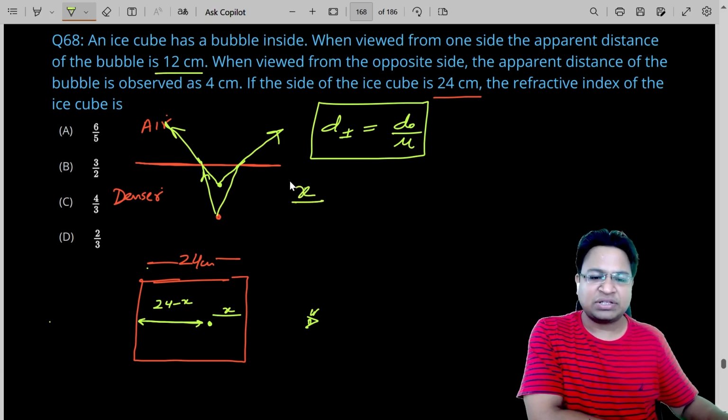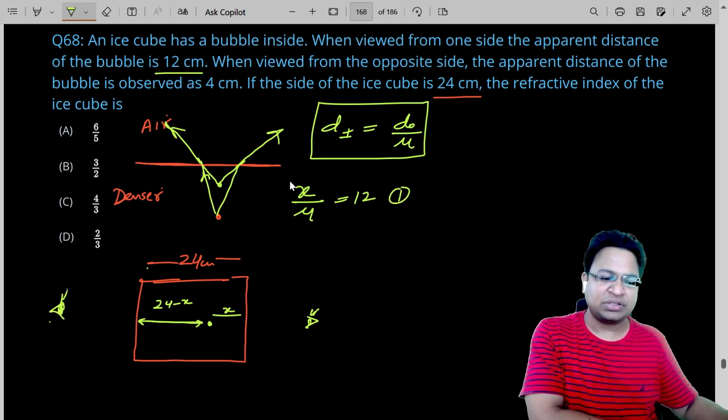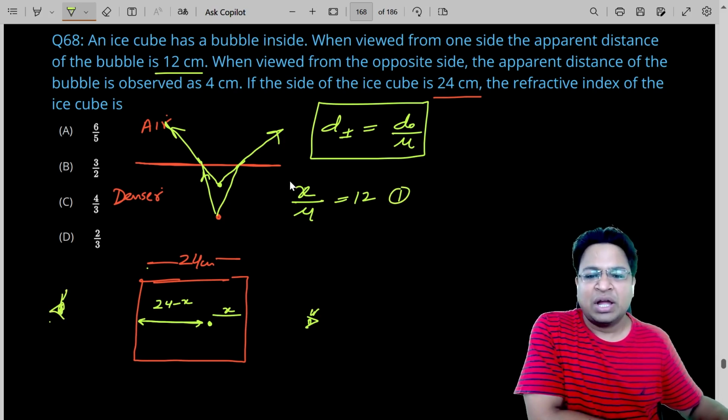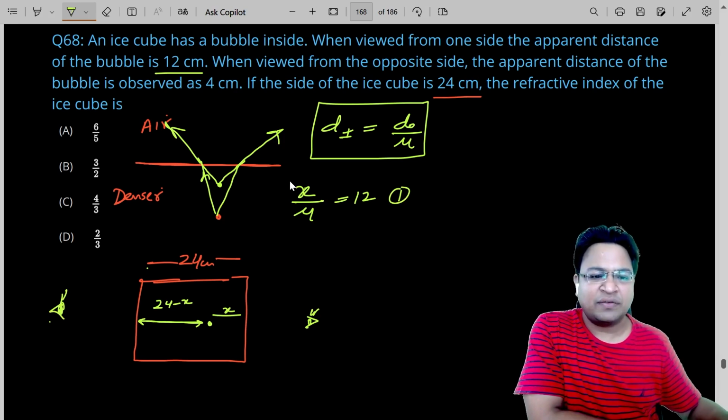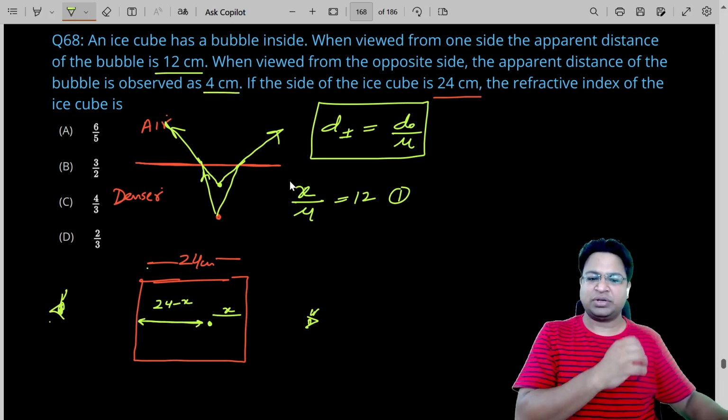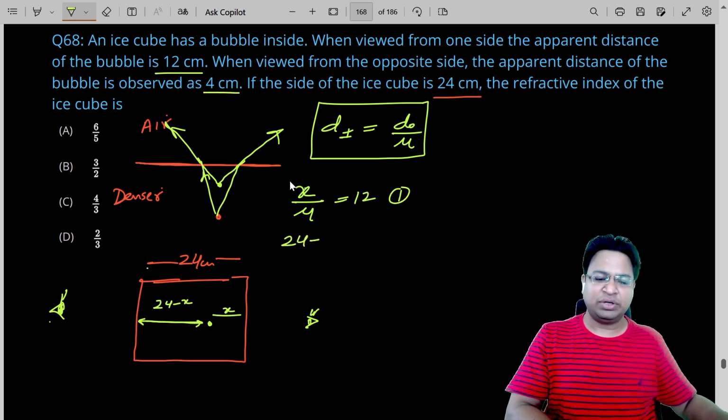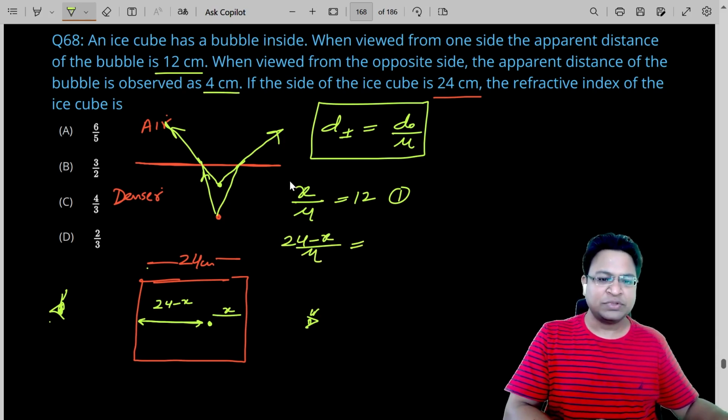So that would mean x divided by mu is 12. That is one. Now, when it is viewed from the other side, the object distance is 24 minus x, and the apparent distance is 4 centimeter. So we will write (24 minus x) by mu is equal to 4.